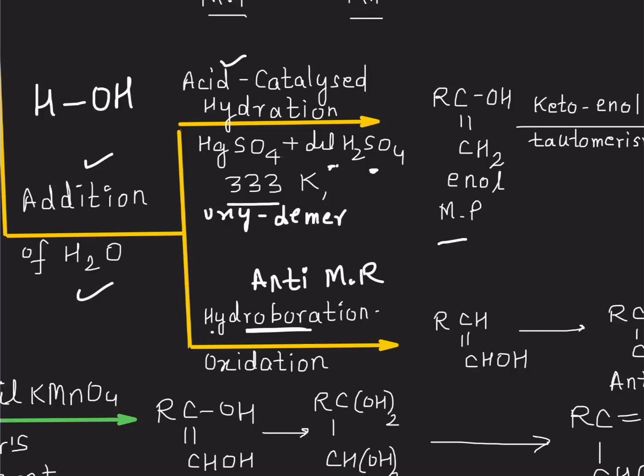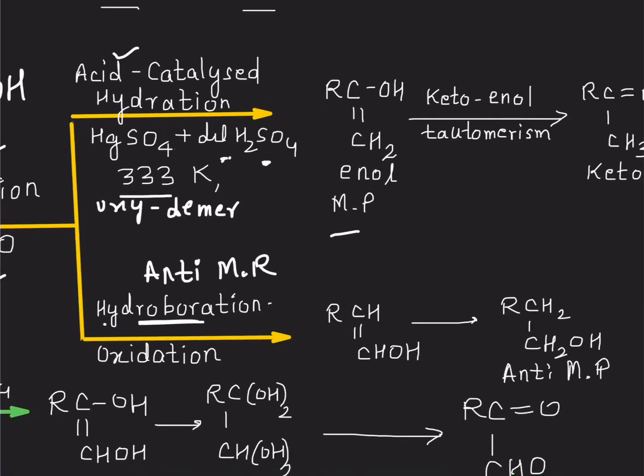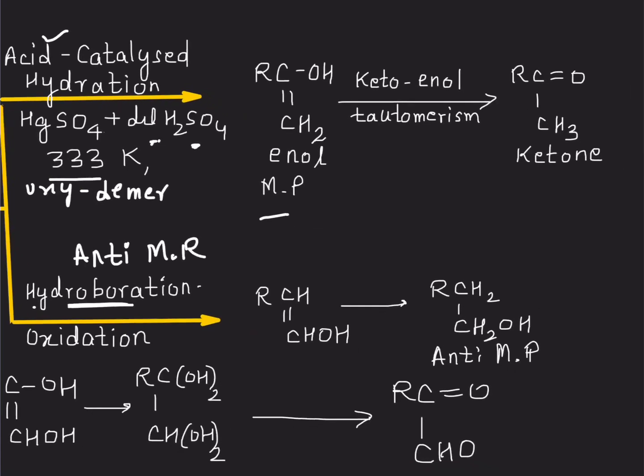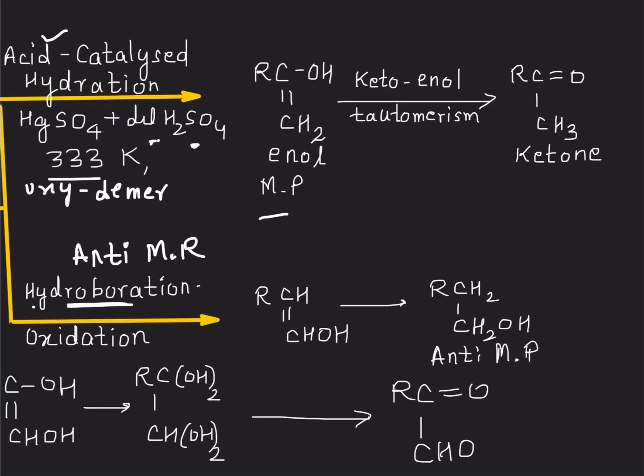The first reaction gives you the addition of HOH according to Markovnikov rule, and the second reaction will involve the addition of HOH according to the opposite, anti-Markovnikov rule. There's something new that you will notice over here that I have written, and that is keto-enol tautomerism. Don't worry, relax, I'm coming to it.